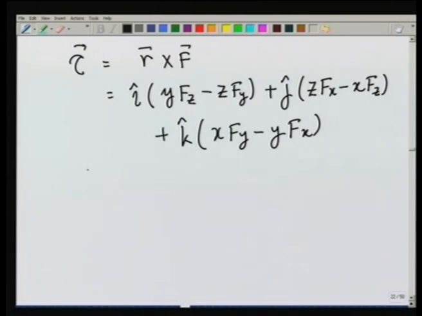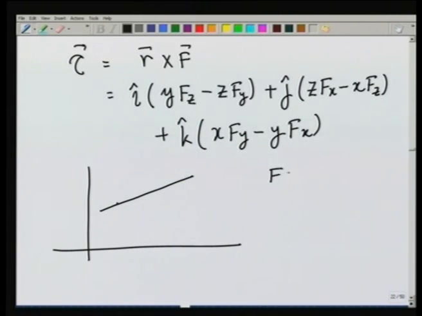So, let us take a simple two dimensional example. Let there be a force of 20 newtons acting along the line which is passing through say (1, 2) and (3, 3).